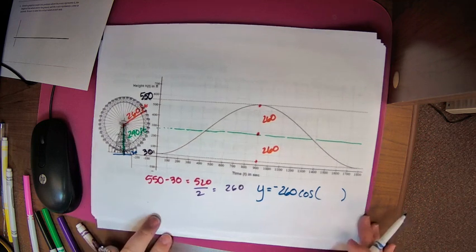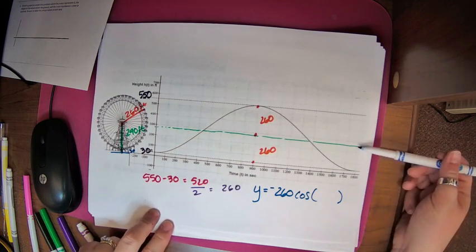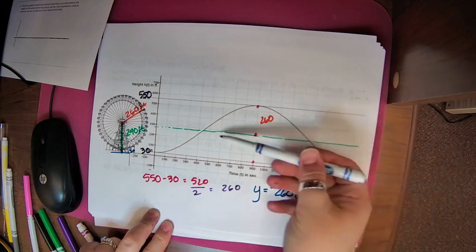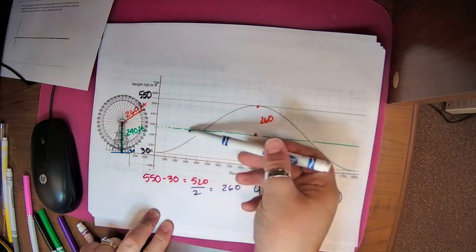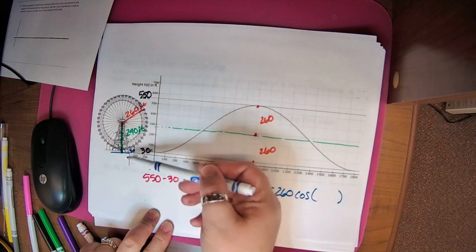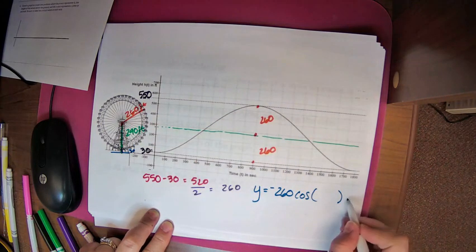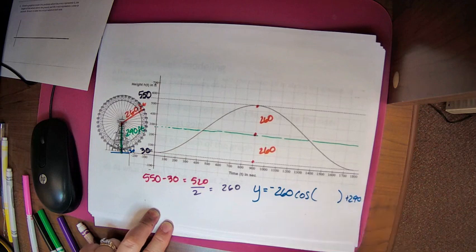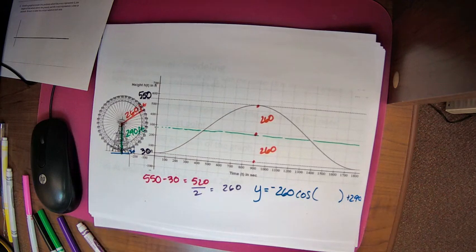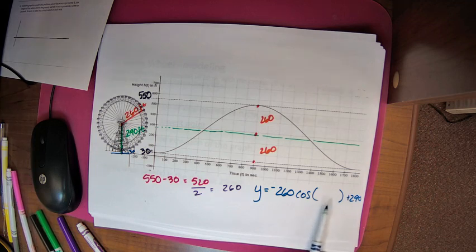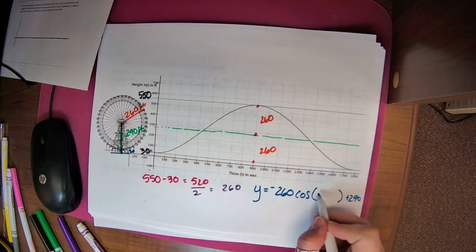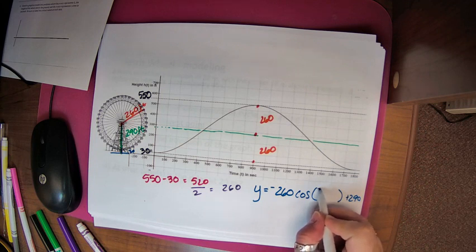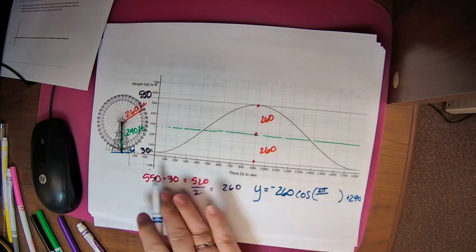Then we'll get to period in just a minute. The next thing I need to worry about is the midline. The midline happens to be where that shaft is, and in this case, that is at 290 feet off the ground. So that's where we get our 290, our midline. The period is one whole cycle, or 2 pi, divided by how long it takes us.